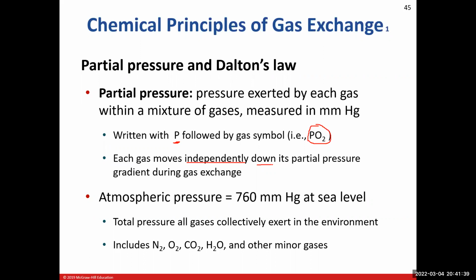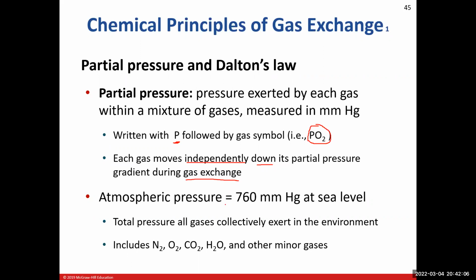It doesn't care what the other gases are doing. It's only going to care about itself, and it's going to move down its own partial pressure gradient when we are having gas exchange. So we're going to talk about how this occurs in the alveoli in the lungs, and then we'll also talk about it when those gases are diffusing between the systemic cells and the blood.